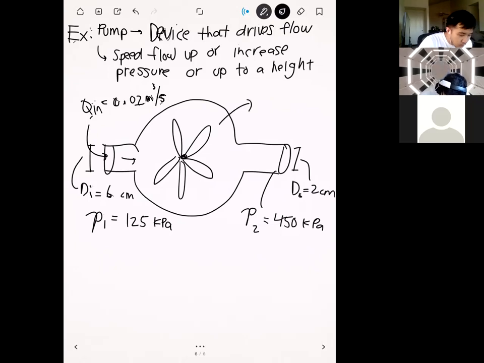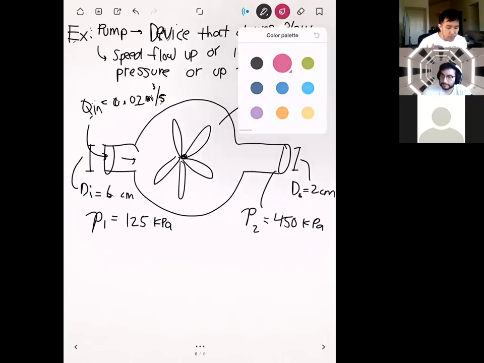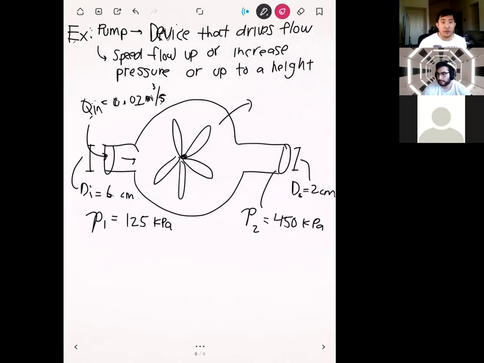And so what we want to solve for here is, in order to produce these conditions, so we can see that as the flow goes through this pump, the pressure rises from 125 kilopascals to 450. Okay? And so what we want to solve for is what is the power that we're going to put in.